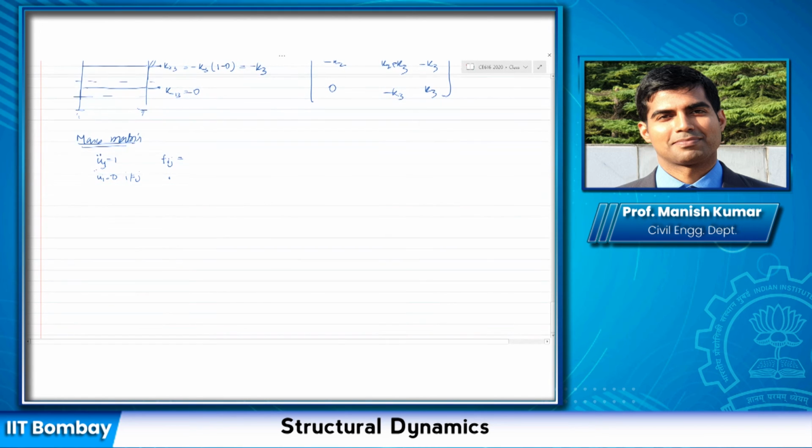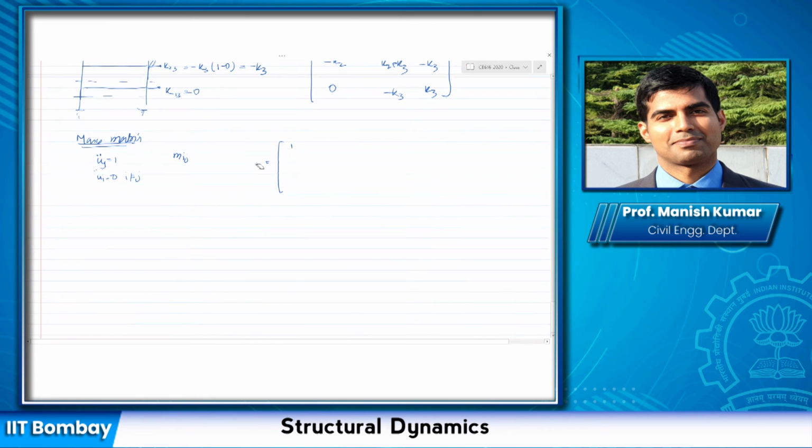But to get the mass matrix or the stiffness matrix, we follow this procedure. I'm going to apply unit acceleration at one node, keep the acceleration at other nodes 0, by applying inertial forces Fij, and those forces would form the matrix. Instead of Fij, I will call it Mij.